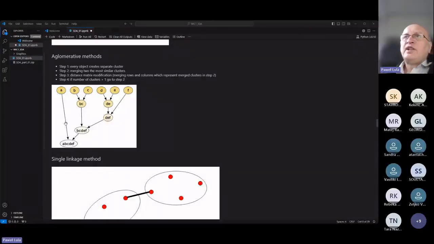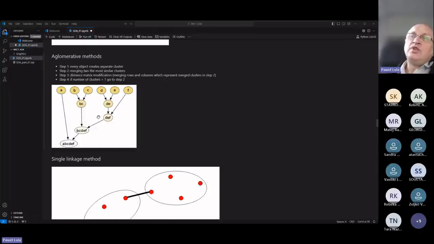Please look at this picture once again. For example, here we decided that we should join these two clusters, this one and this one. On this step, we decided to merge these two clusters into one cluster.